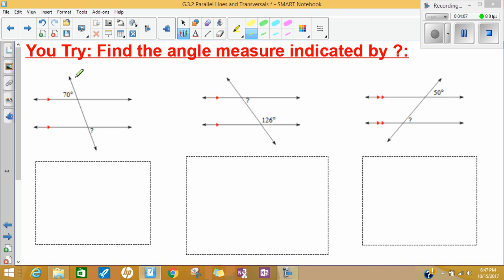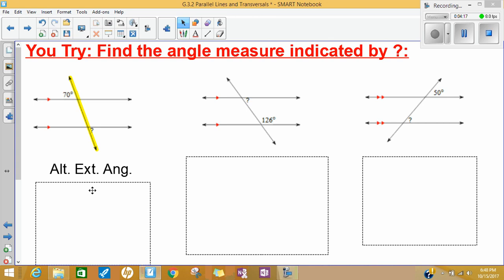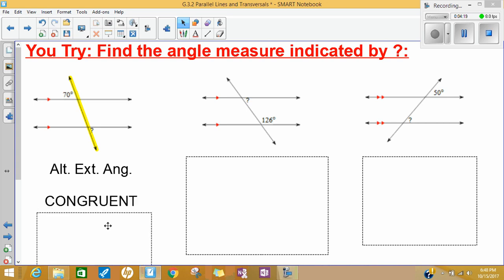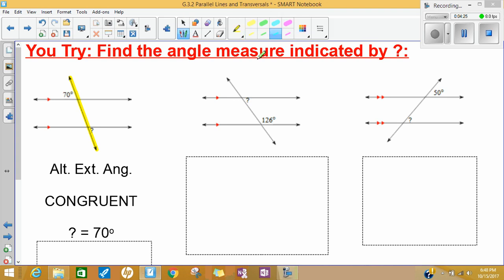So the first one, both of our angles are exterior angles. They're outside of these 2 parallel lines, and they're on opposite sides of the transversal. So they're alternate exterior angles. That means they should be congruent, and therefore the question mark is 70 degrees. In our next one, both of these angles are on the same side of the transversal.